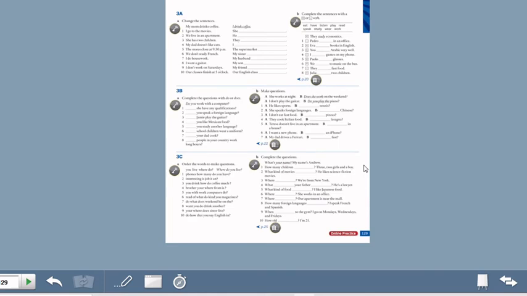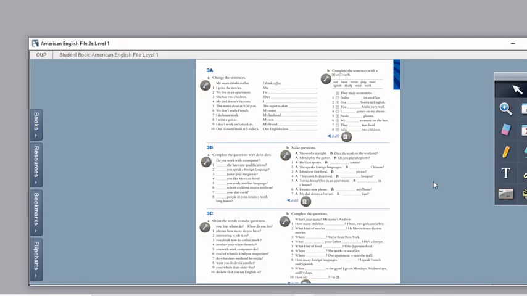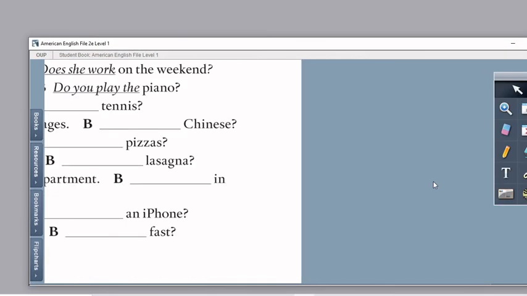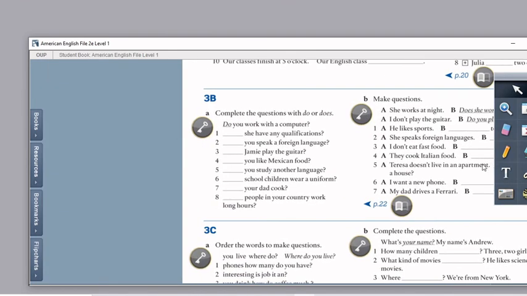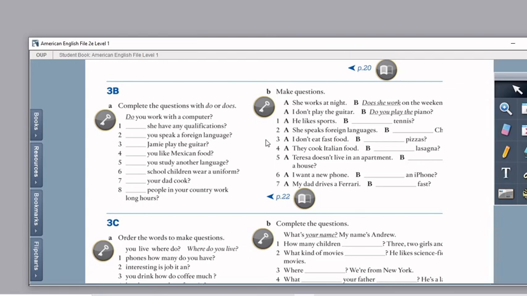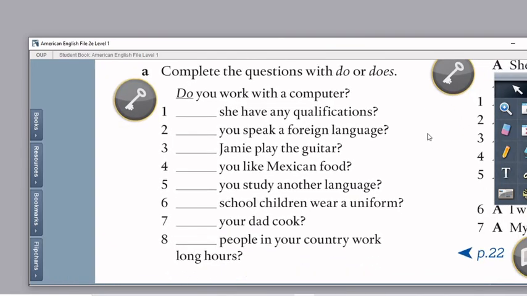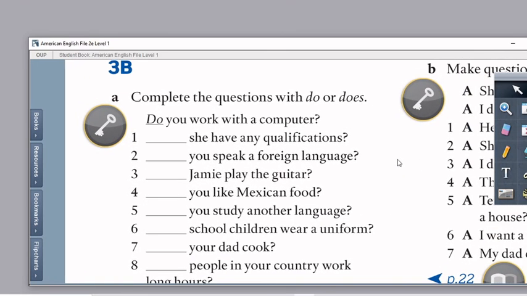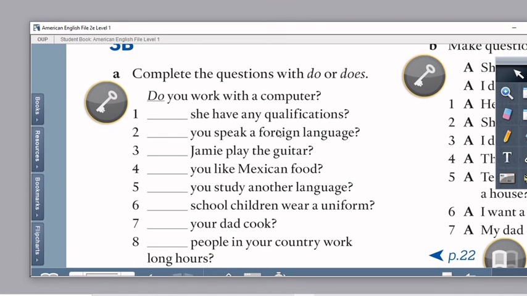Page 29, and on page 29 we have 3B. It says, complete the questions with do or does, and you have an example.